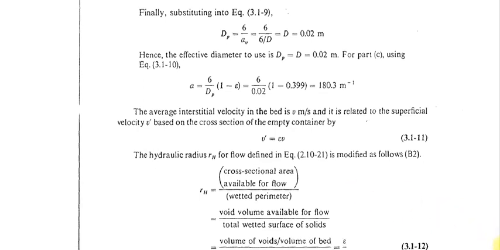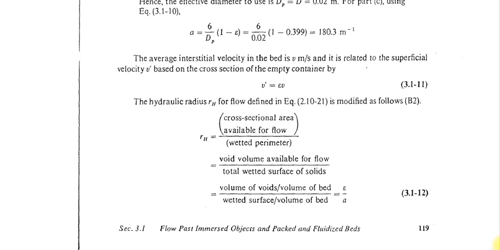Hydraulic radius we have already defined for closed channels. It is represented by RH. RH is equal to the cross-sectional area available for flow divided by the wetted perimeter. Here the wetted perimeter is the overall surface area of the bed, meaning the circumference which will be wetted by the fluid. So this can be written as the void volume available for flow divided by the total wetted surface of the solid.